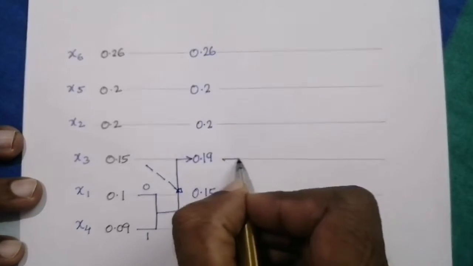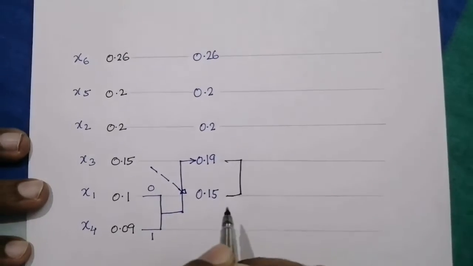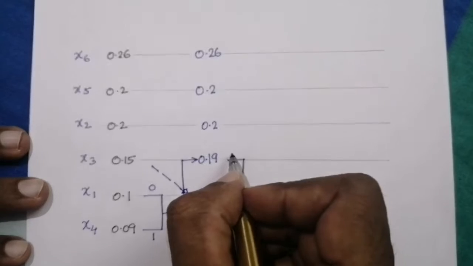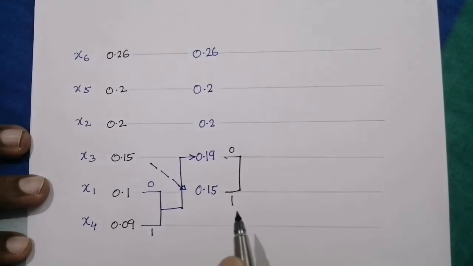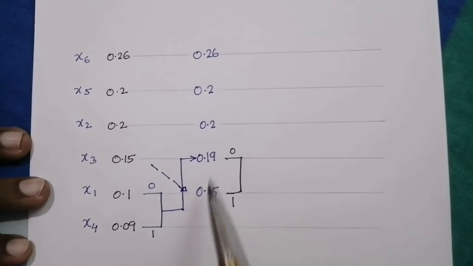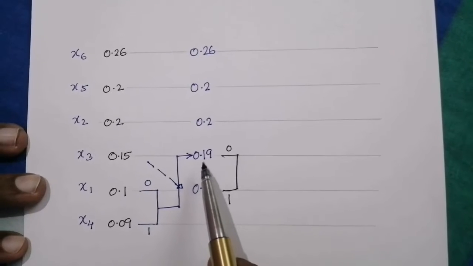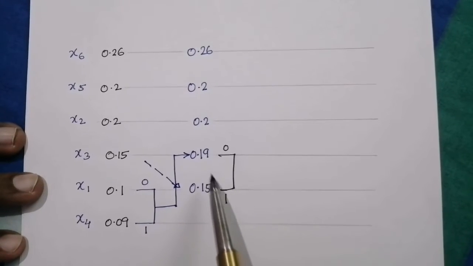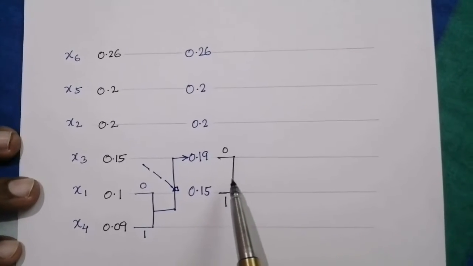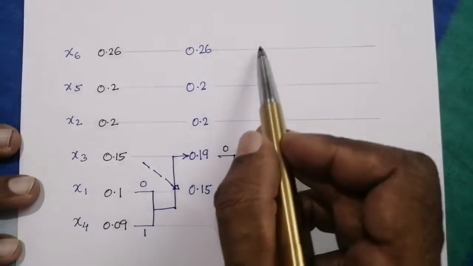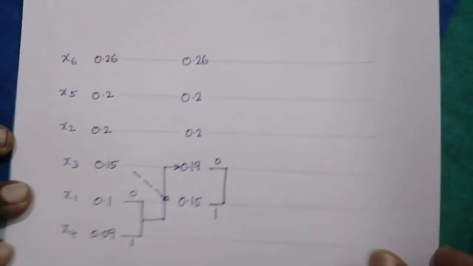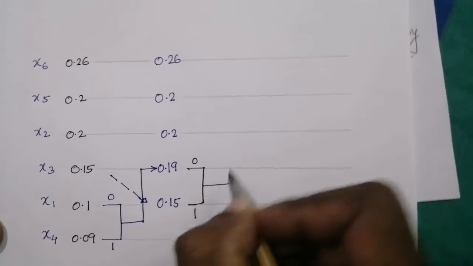So again we will group these two symbols of lowest probability and assign 0 and 1 here. Now what is the sum of the probability? Sum of probability will be 0.34. Now the position of this new symbol will be above that of x6. So I will draw like this.